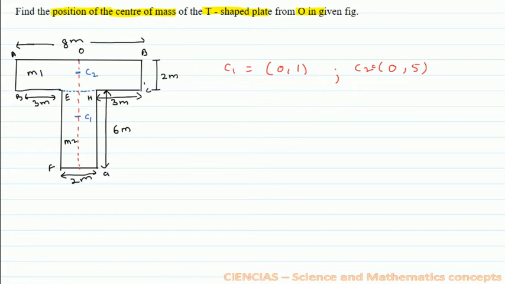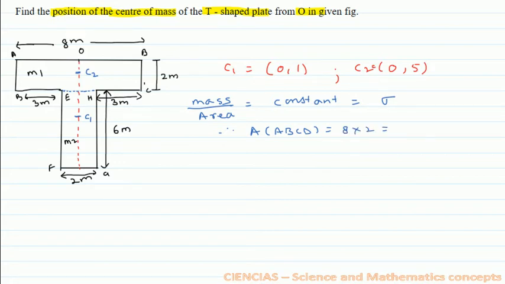Now since mass per unit area is constant, say equal to sigma, if m1 is the mass of the horizontal plate and m2 is the mass of the vertical plate, therefore area ABCD is equal to 8 into 2, that is equal to 16 meter square, and area EFGH is equal to 6 into 2, that is equal to 12 meter square.